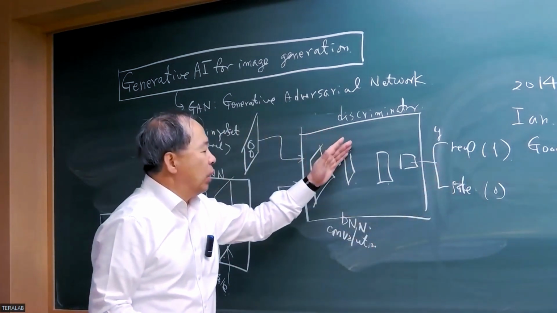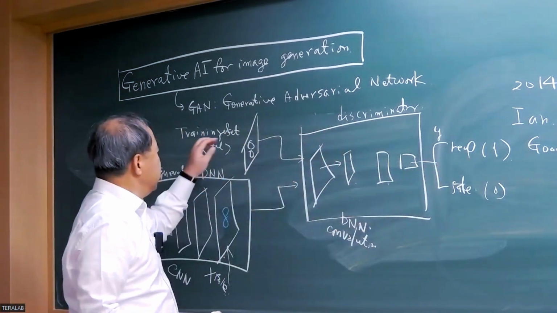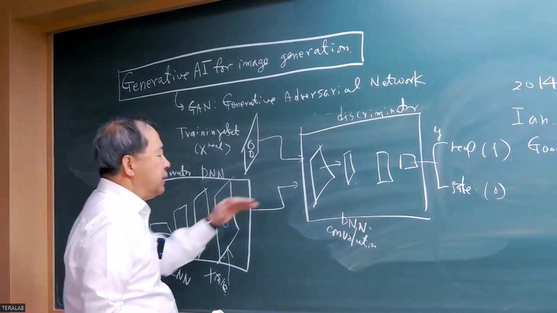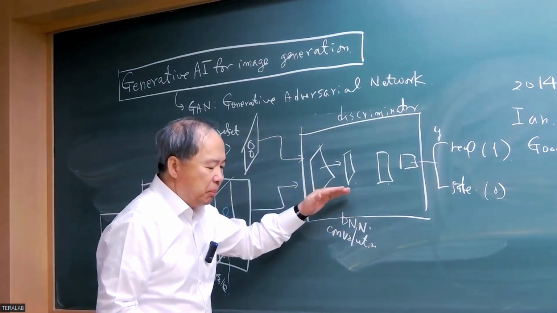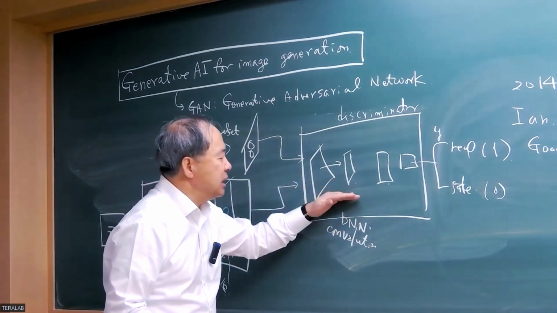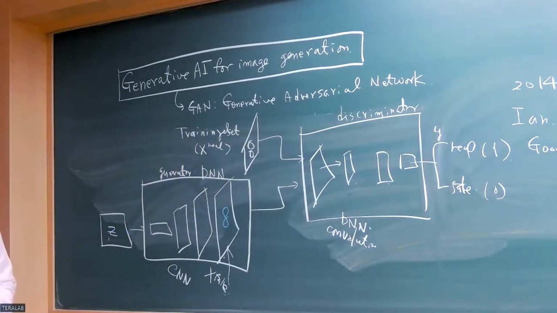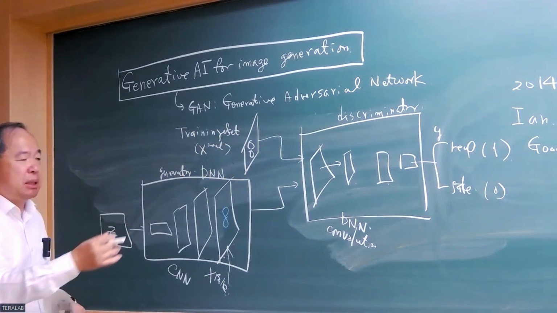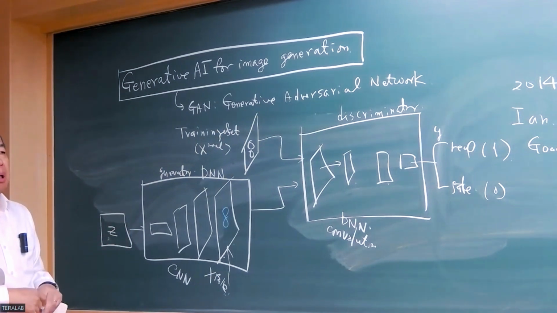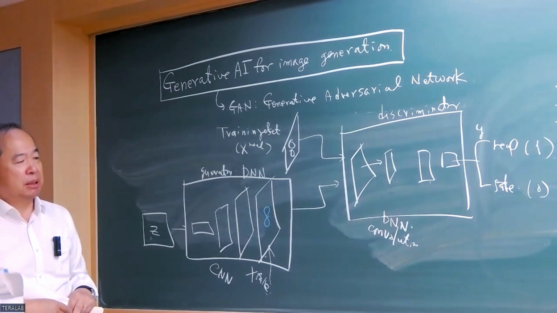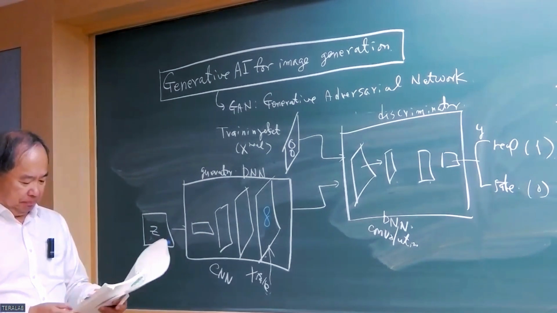But the discriminator wants to compare the real image and the fake, and make a good decision whether it is a real or fake image. They are fighting each other. This fighting process is the backpropagation process and training process.